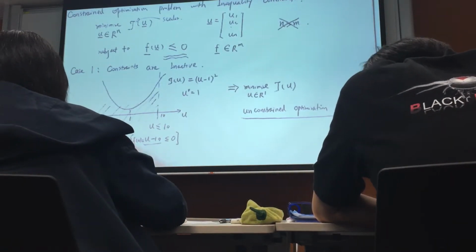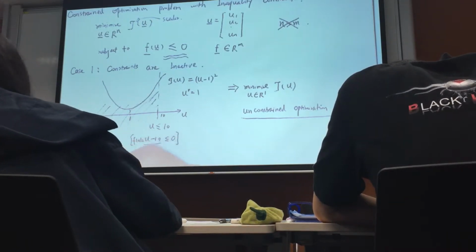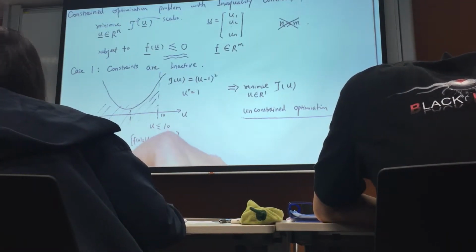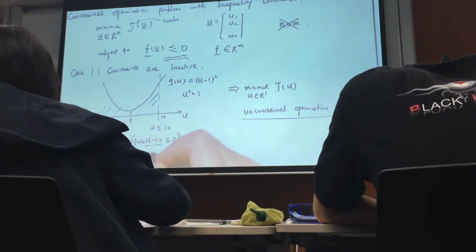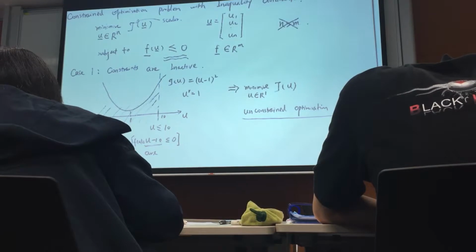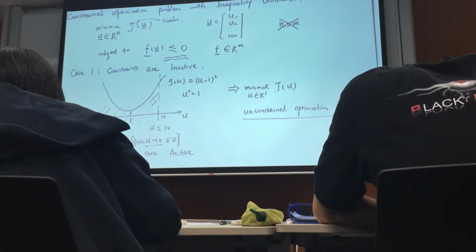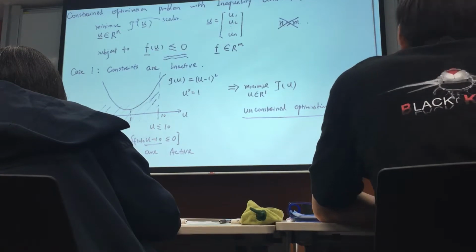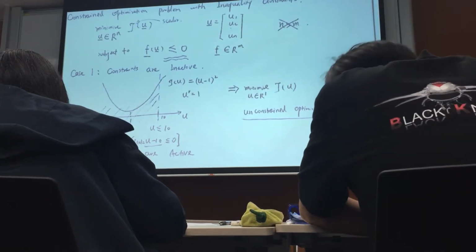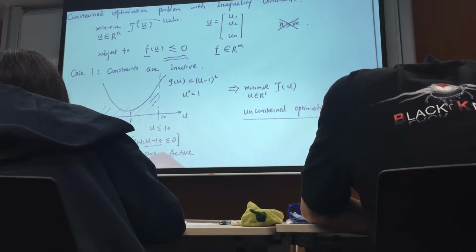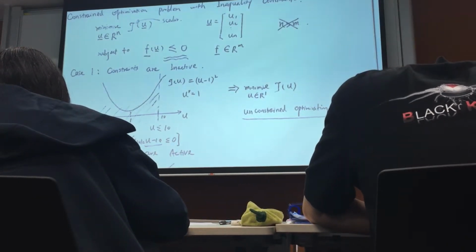So we may have another situation. So another situation, the second case, is constraints are active. So we just use the same simple example. So assume we also have the cost function like this.